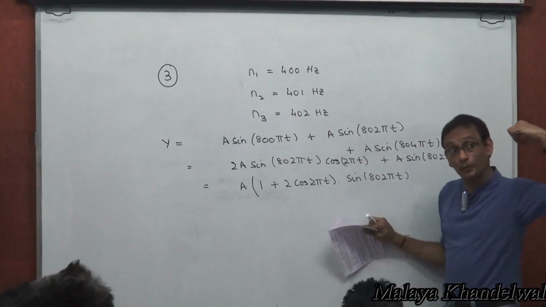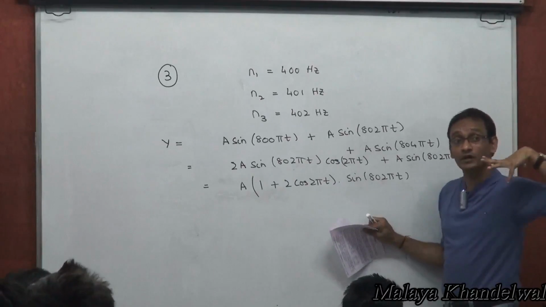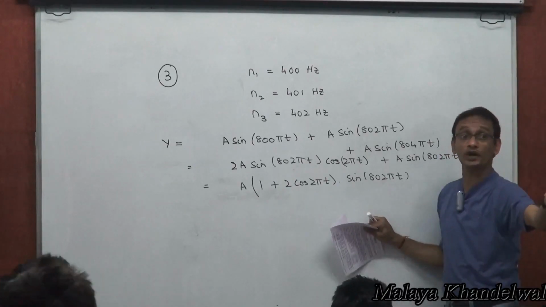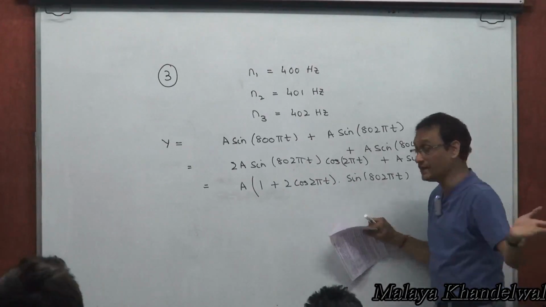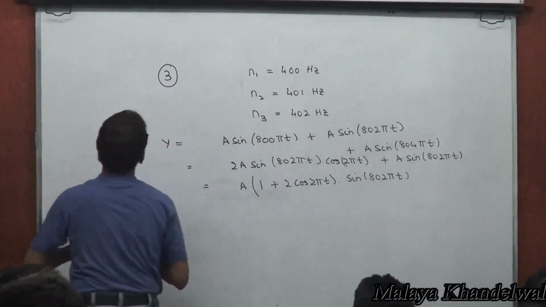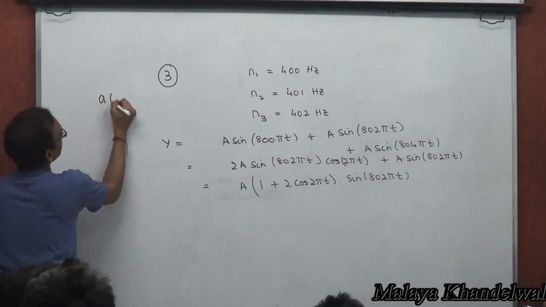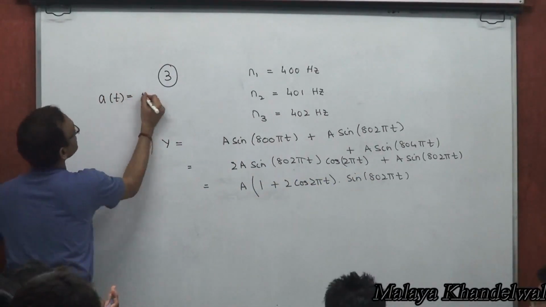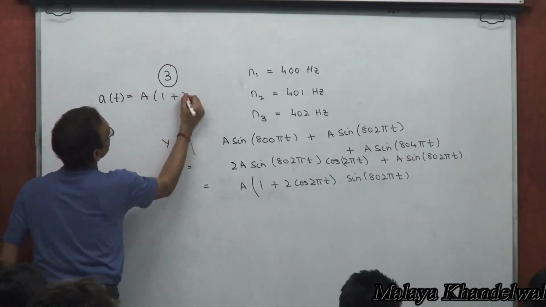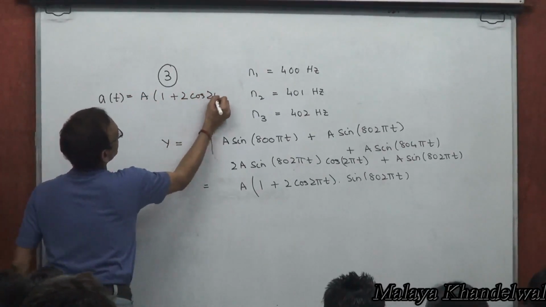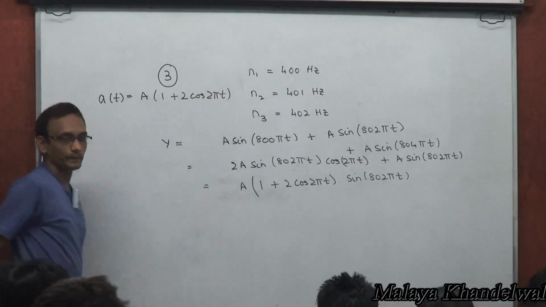So if the amplitude at the point of observation varies with time, the intensity, which is proportional to the square of the amplitude, will also vary with time. So the time varying amplitude, which is of importance to us, is A as a function of time: A into 1 plus 2 cos 2 pi t, right?